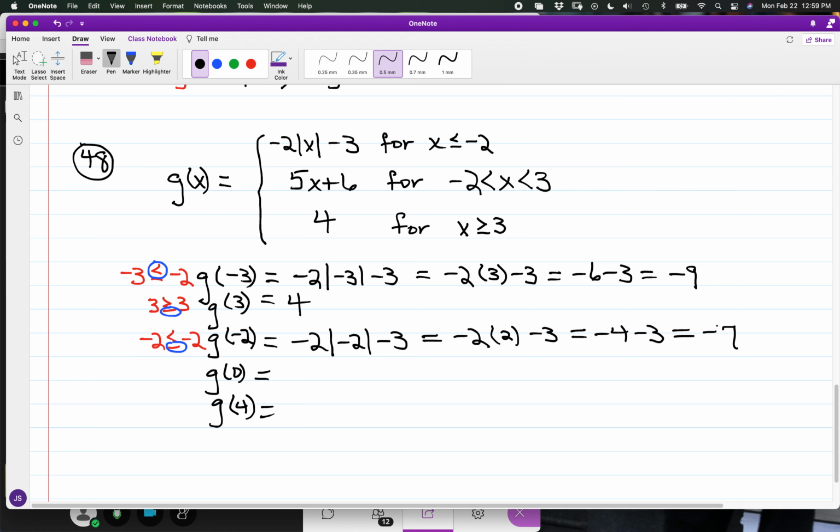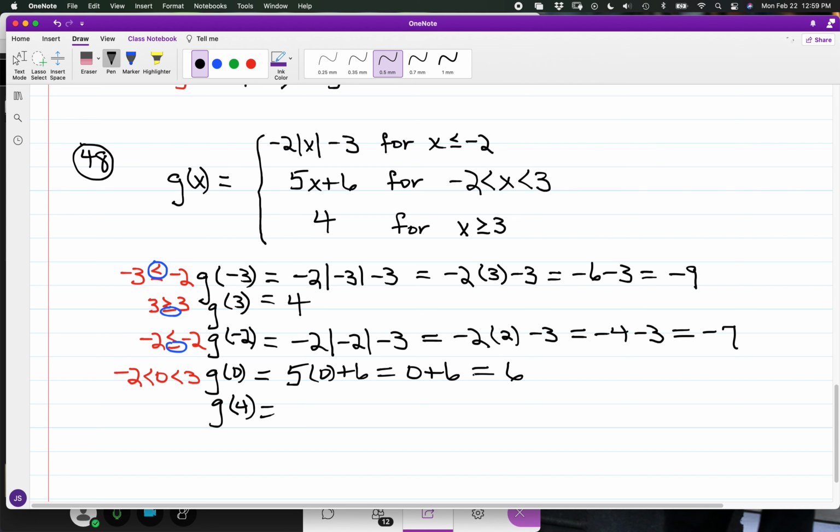And for g of 0, 0 is situated between -2 and 3. So corresponding to this compound inequality, I have 5x plus 6 with x at 0. 5 times 0 is 0, plus 6, so g of 0 is equal to 6.